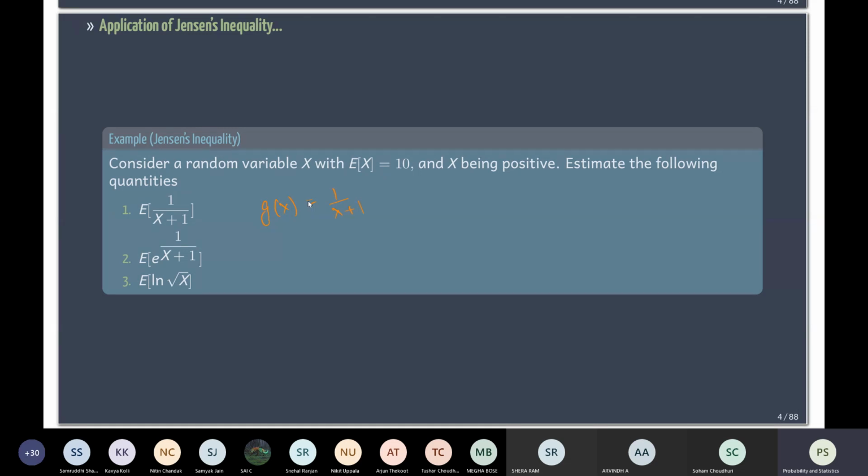So we have to do the second derivative test. If it's always positive, then we are done. Then we immediately write the Jensen inequality, and that gives us the bound, the estimate of this. In this case we are talking about a lower estimate, because the Jensen inequality is greater than or equal to. It doesn't tell us the other bound. It will give us only a one-sided bound.